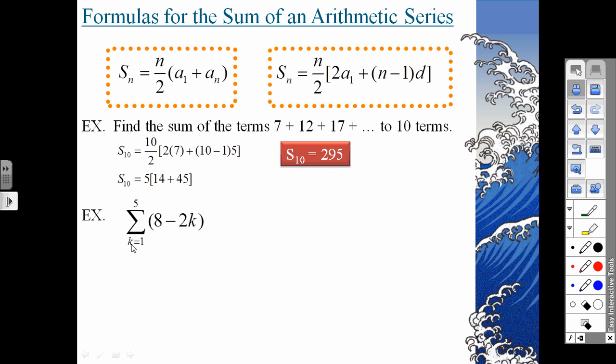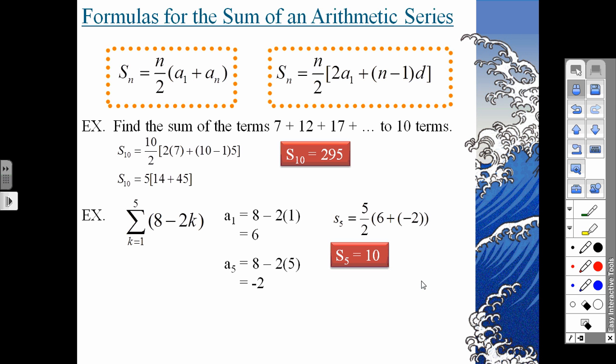And it's really easy if k starts off at 1, you just look at that number. But if k starts off as anything other than 1, you're going to have to take a moment to think about it. Okay? So a sub 1 is going to be 6, and a sub 5 is going to be negative 2, and there's 5 terms in our series. So we're going to do 5 over 2 times 6 plus negative 2, and that works out to be 10.